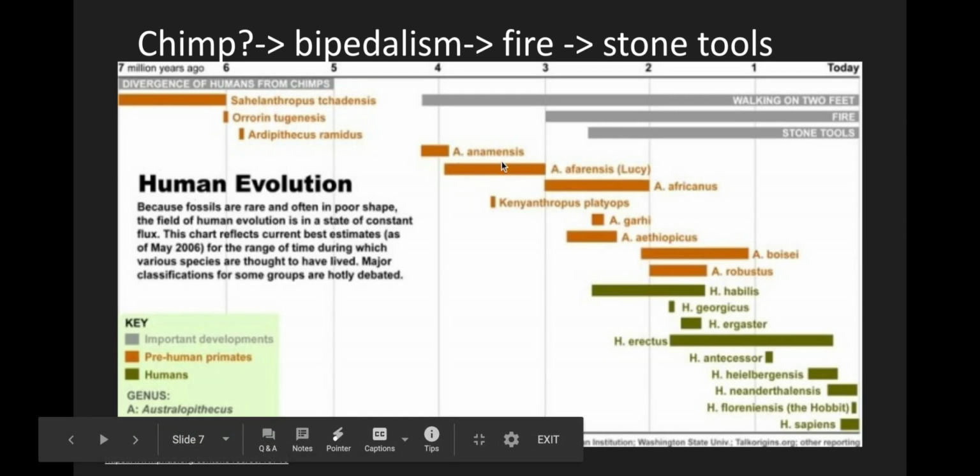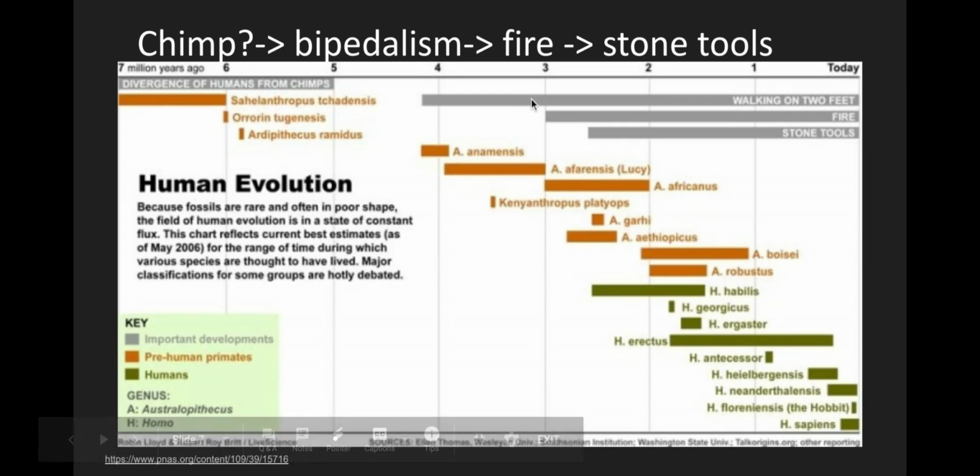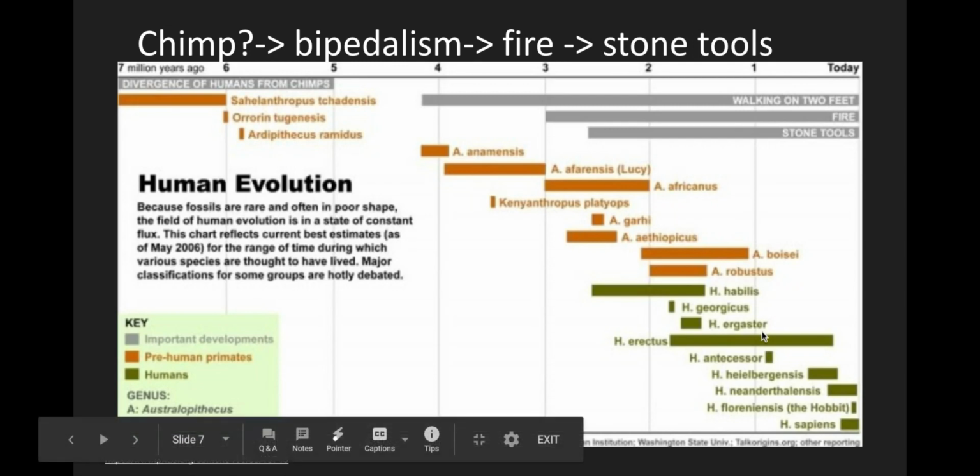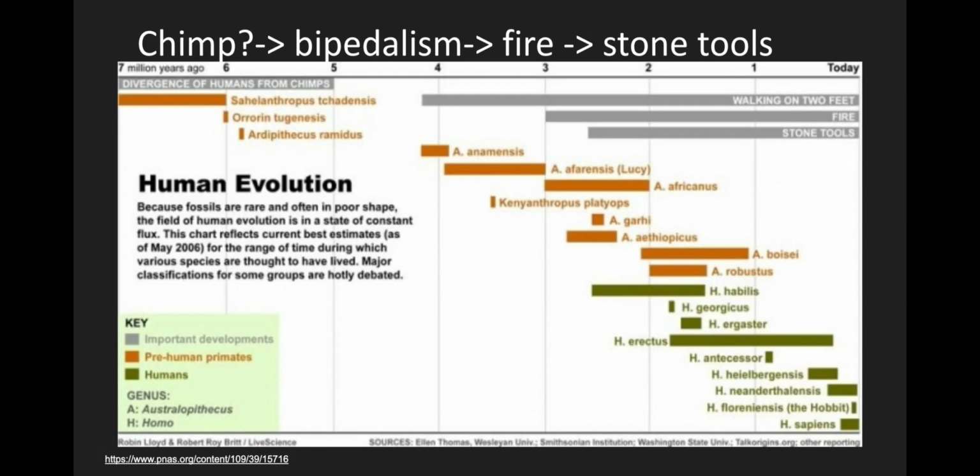We do see these super important pieces though, which is why we call them our ancestors or our relatives. They were also walking on two feet. They were using fire, perhaps, and some of them definitely used stone tools. One of my favorite things is knowing that humans were walking around the same time as other close human relatives. Love it.